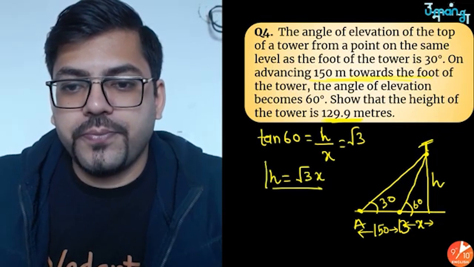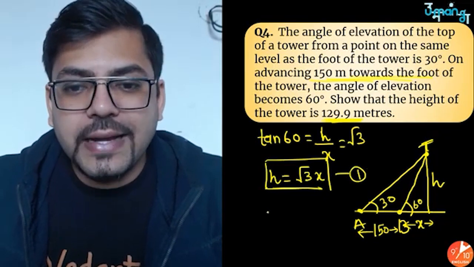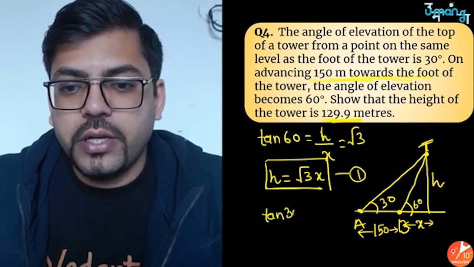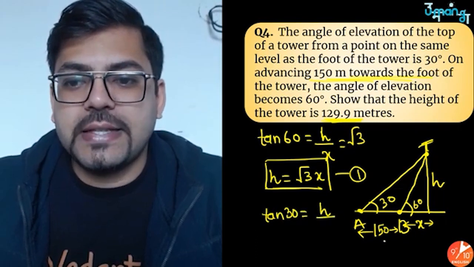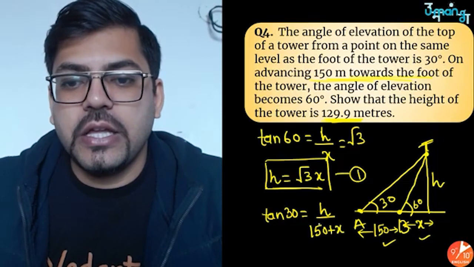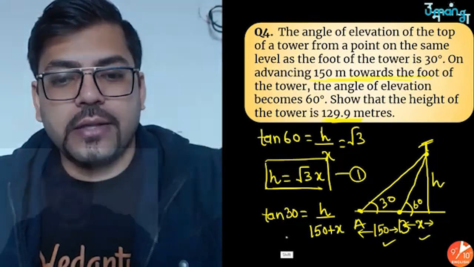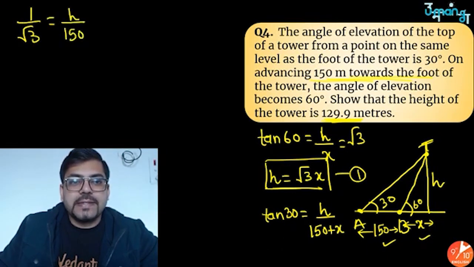This is first thing. Now moving ahead, tan 30. We can put tan 30. Tan 30 is what? Perpendicular upon base. What is base? That is 150 plus x. So what is tan 30? We all know tan 30 is nothing but 1 by root 3 equals to h upon 150 plus x.